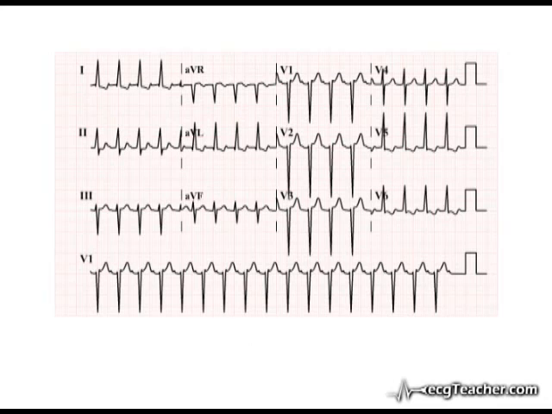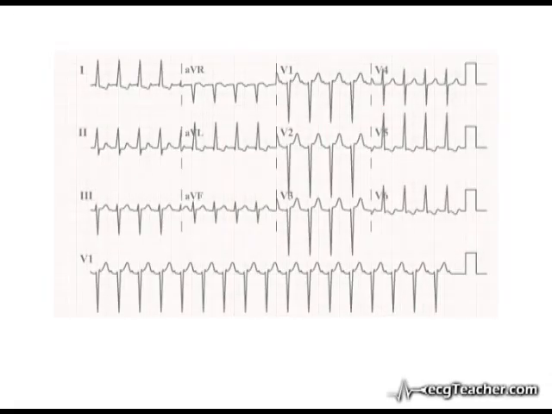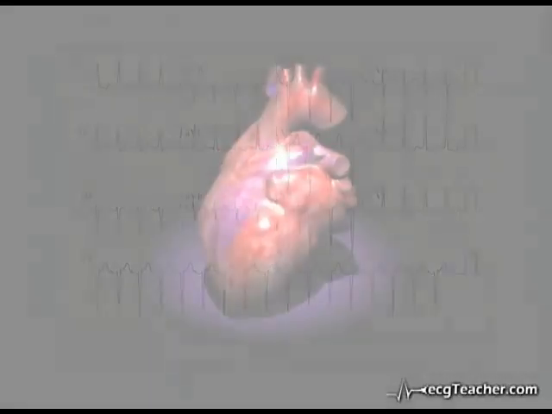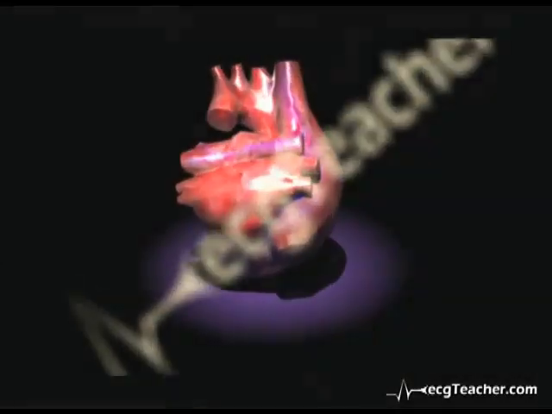This ECG also emphasizes the fact that lead 2 is not always the best place to analyze atrial depolarization, highlighting again the value of a full 12 lead ECG in the diagnosis of arrhythmias.